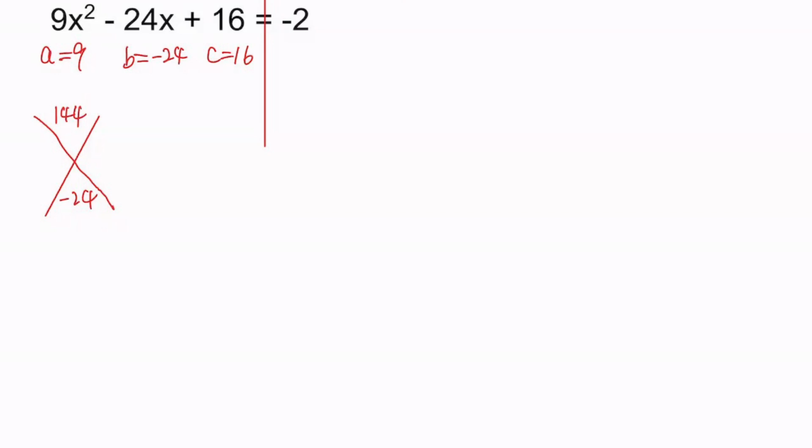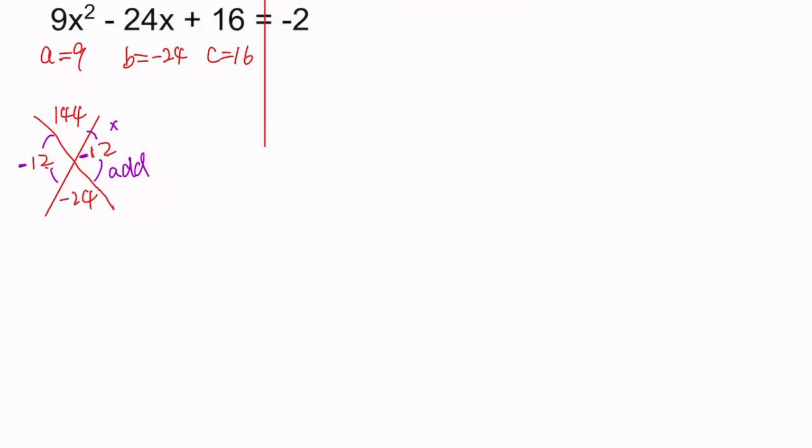But look at our B value here, right? If this is 12 and 12, when we add those two together, that's positive 24. So it's not correct, right? So then it should be negative 12 because negative 12 plus negative 12 is negative 24.